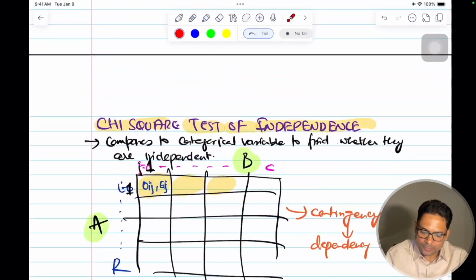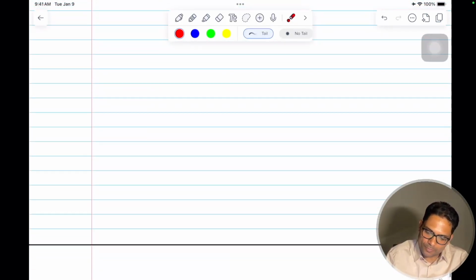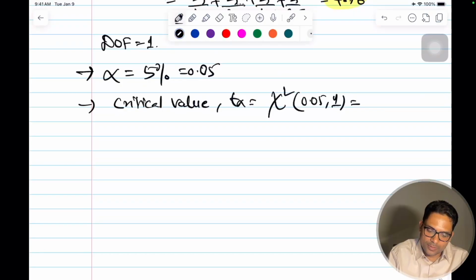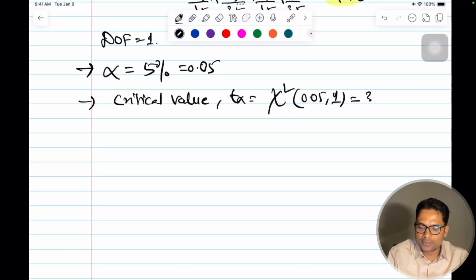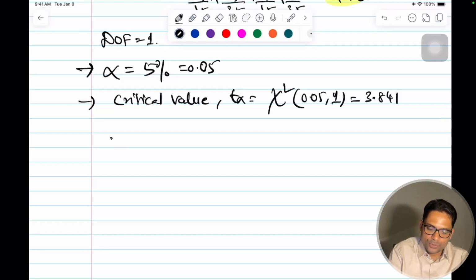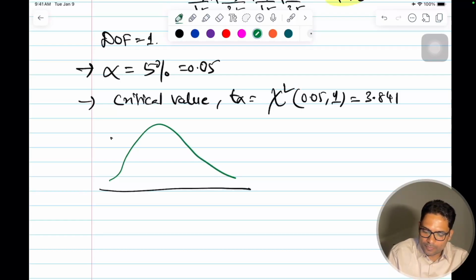Okay, let's come down. So the critical value for this will be 3.841. Okay, and now we'll plot it. Let me show you again so that you get used to it. So where is my critical value?